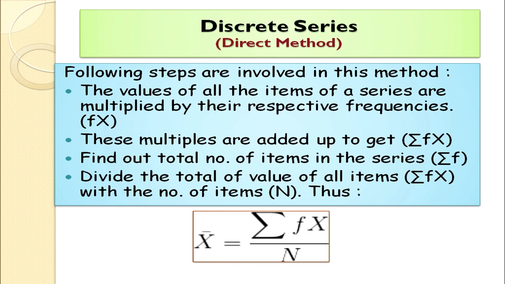In the next step, we get sum of fx. Then in this case, the total number of observations is sum of frequencies. So, n means sum of frequencies. Then the formula: mean is equal to sum of fx divided by total number of observations. Students, note the point that here n stands for sum of frequencies.